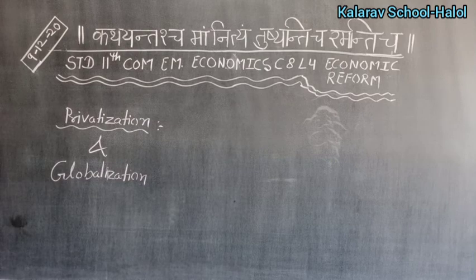Suppose one company is there in your Halol, that is the Toto company, and one more company beside it, that is MG Motor. That company basically belongs to China. But they started their business here because they invested here, and that investment is direct investment, and that is called FDI.